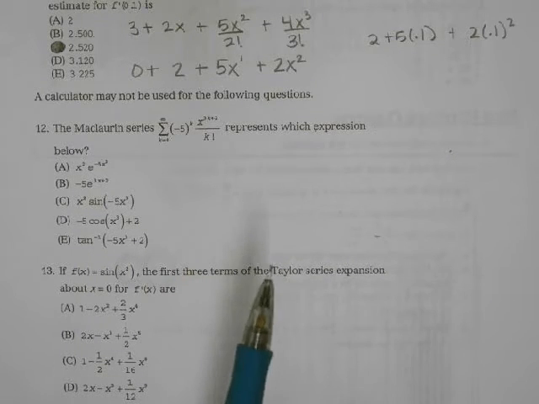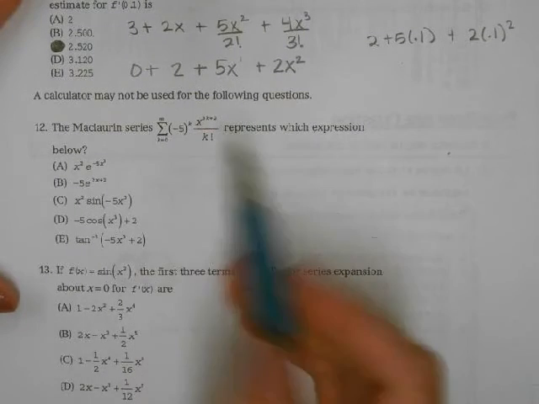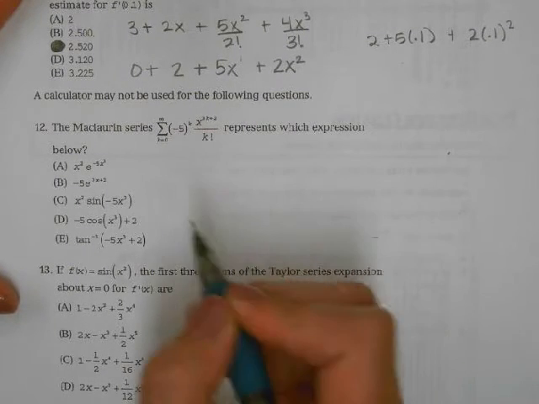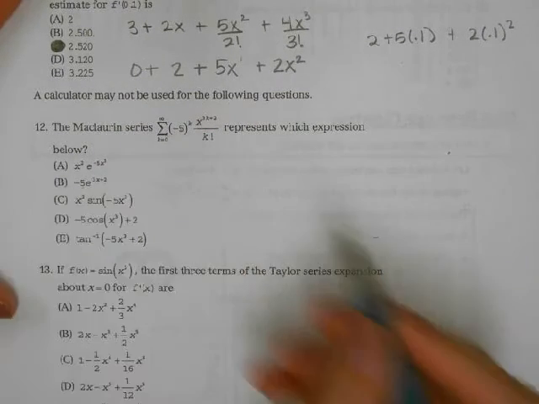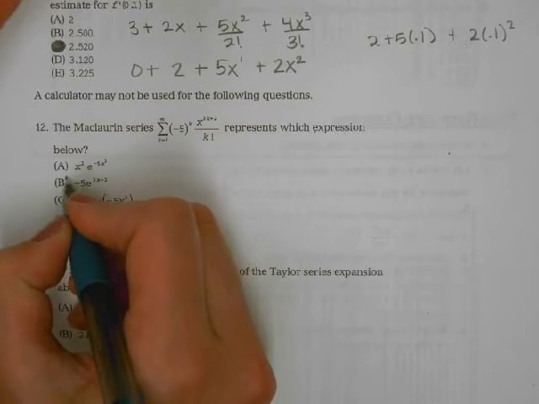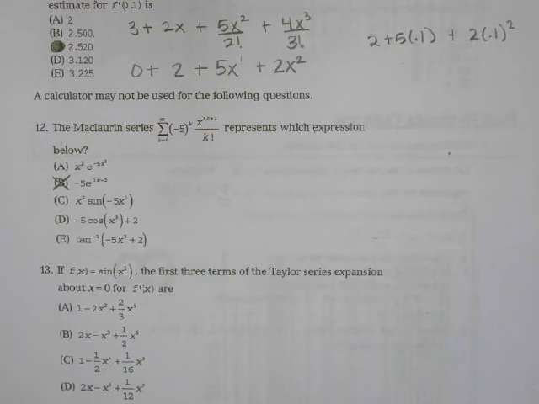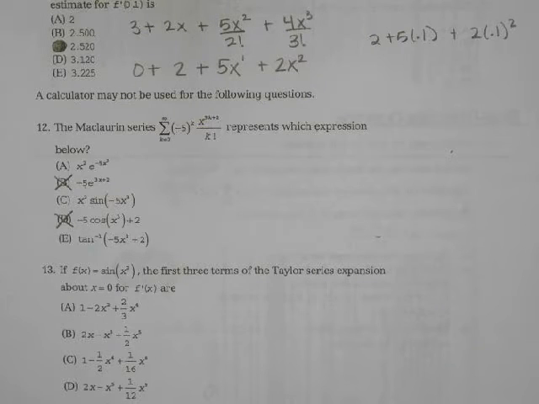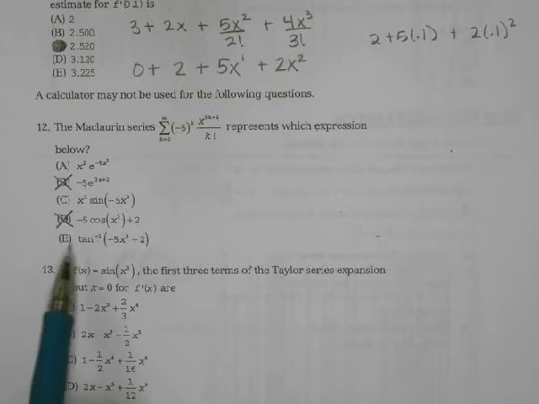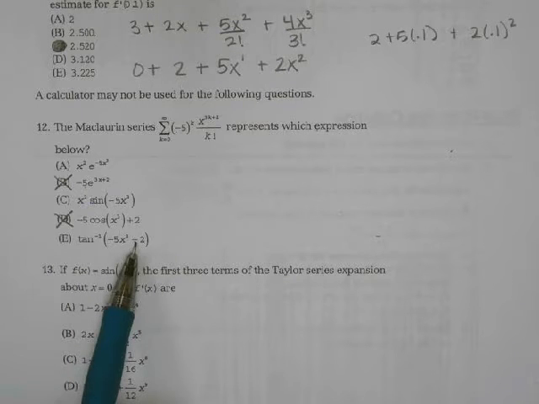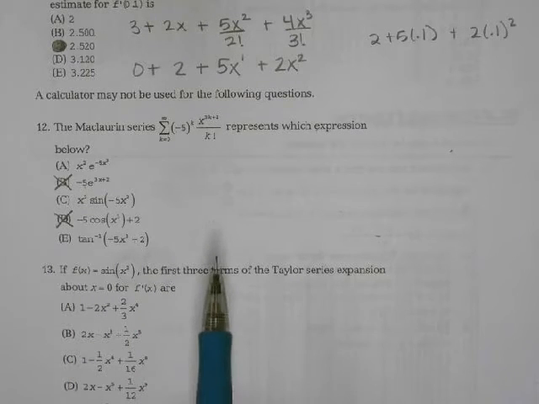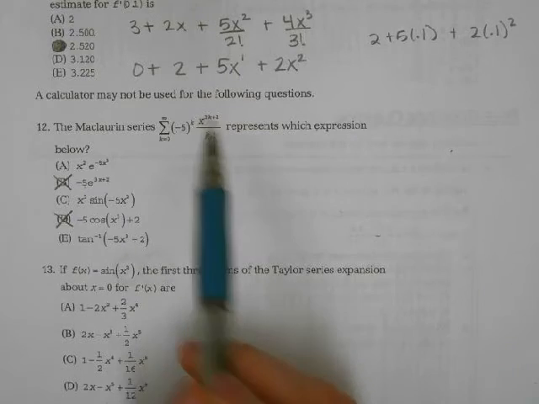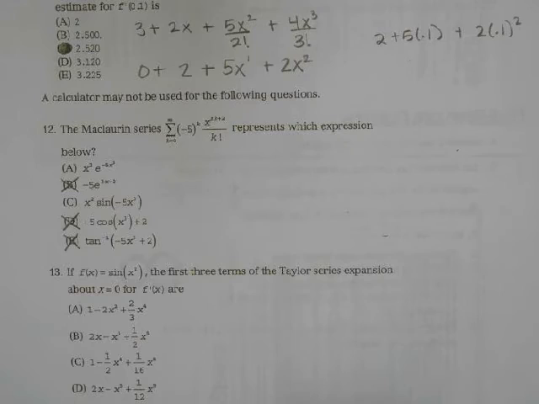So I knew that it wasn't B because -5 was repeatedly multiplied, more and more times, and this one would just be once each time, because that -5 was just going to be distributed. I got rid of the answer for D with the same reasoning. Also the +2 on the end, which wasn't going to have anything. I got rid of E because the +2 in here should have been somewhere inside this X, and I didn't see it, and so I got rid of that one.